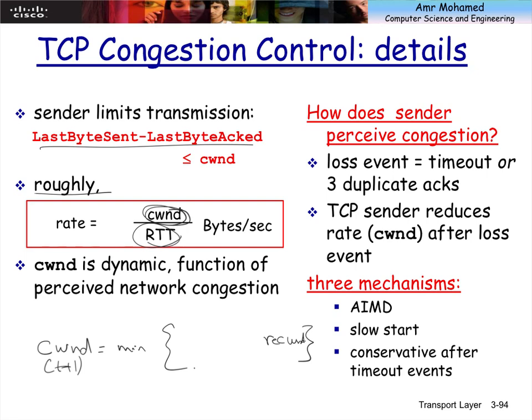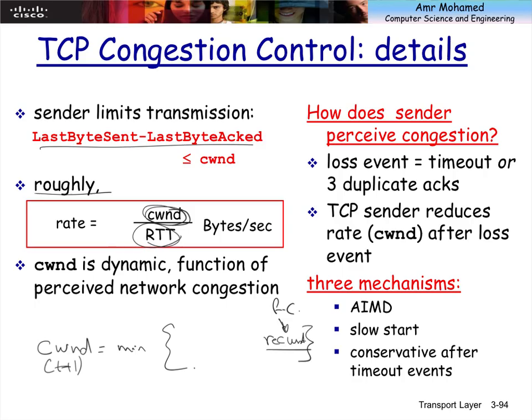So every acknowledgement would have the receiver window size, which is the limit of the empty buffer for the receiver. So I cannot go beyond that by any means. And this is for flow control. So to avoid overwhelming the receiver, we need to abide by this receiver window.